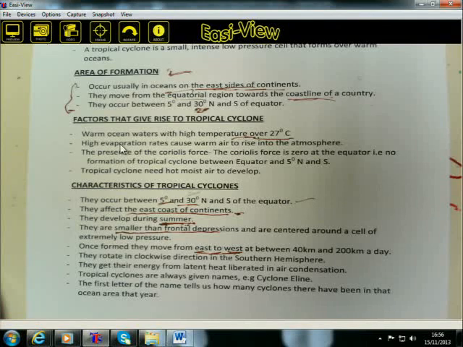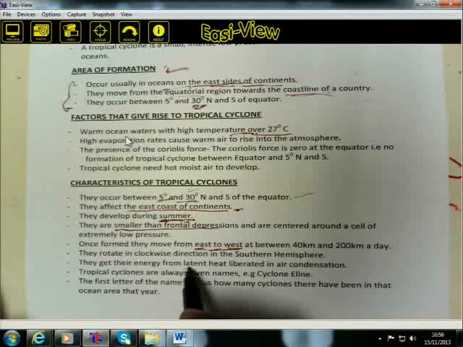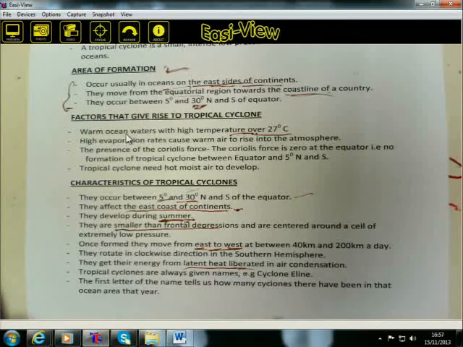Therefore, the circulation of air in them will be clockwise. Tropical cyclones get their energy from the latent heat. Remember, we've mentioned this. They get their energy from the latent heat liberated in air condensation.